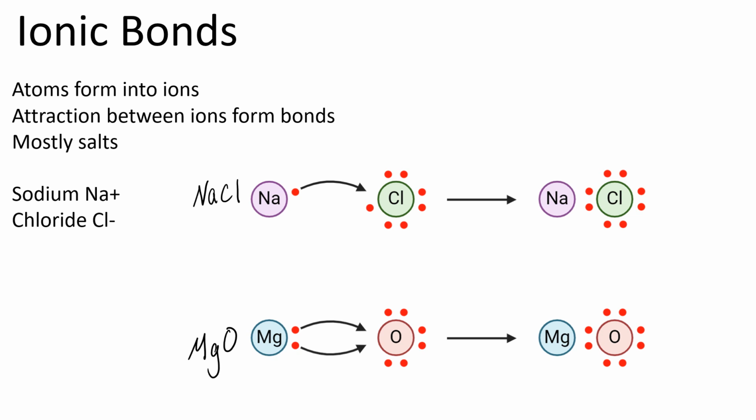Notice how the cation gives an electron, or plural, electrons, to the anion. It's as simple as that to make ions, and then those ions attract to each other. Like I said, there's no touching or hand holding. The ions just kind of stand next to each other. That's enough to make an ionic bond.